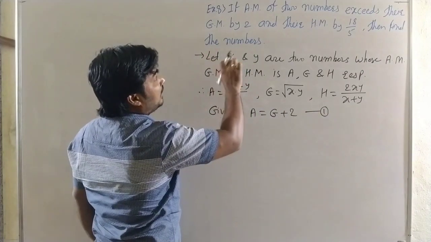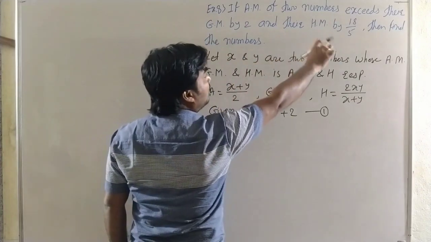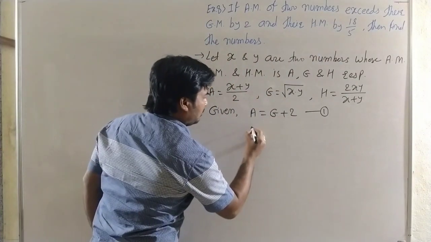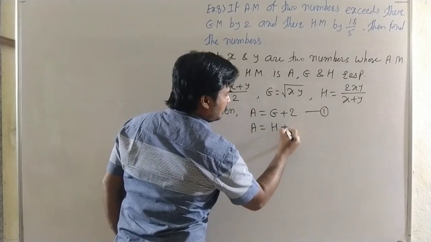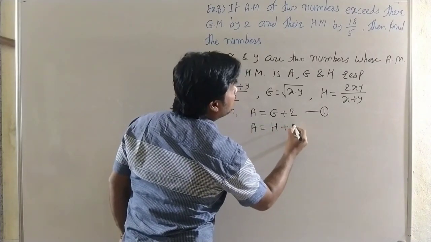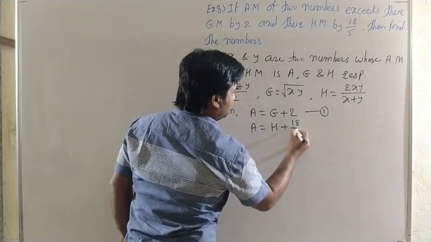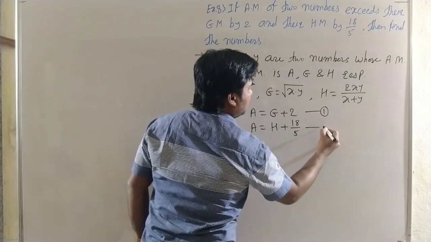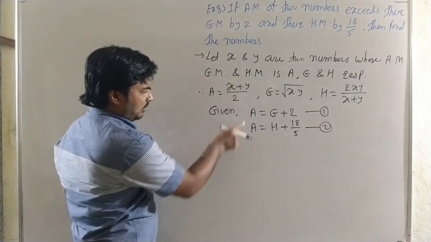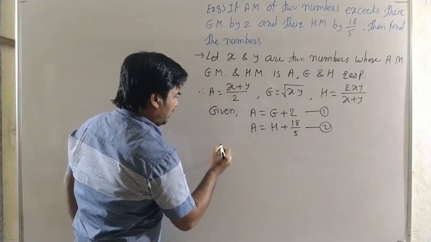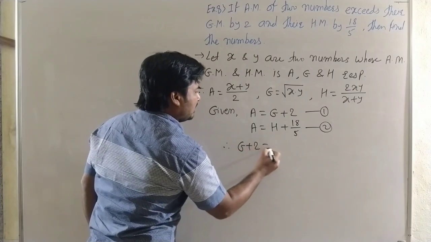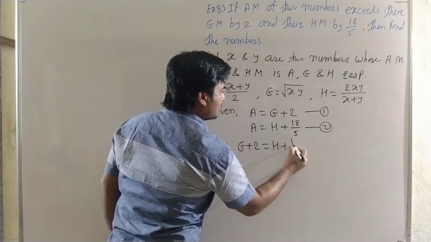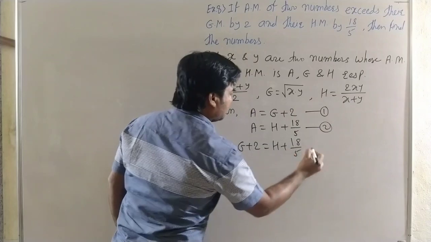And the arithmetic mean exceeds their harmonic mean by 18 by 5, therefore a is equal to h plus 18 by 5. This is equation number 2. Now from 1 and 2 we can write g plus 2 is equal to h plus 18 by 5.